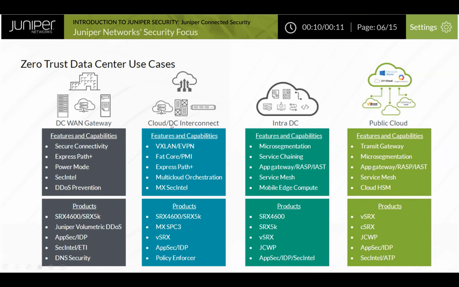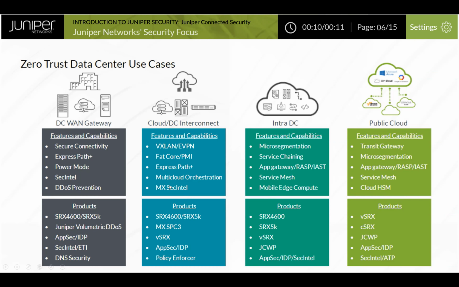After crossing the WAN, we connect to the cloud or data center interconnect. If I consider the data center interconnect, you have to make sure of the features: VXLAN, EVPN, FabricCore or PMI. These are different technologies actually, but I will not discuss them in detail, just telling the names.